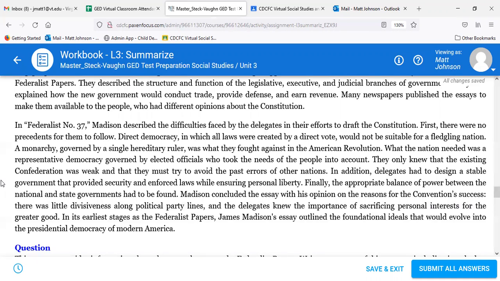What the nation needed was a representative democracy governed by elected officials who took the needs of the people into account. They only knew that the existing confederation was weak and that they must try to avoid the past errors of other nations. In addition, delegates had to design a stable government that provided security and enforced laws while ensuring personal liberty. Finally, the appropriate balance of power between the national and state governments had to be found.